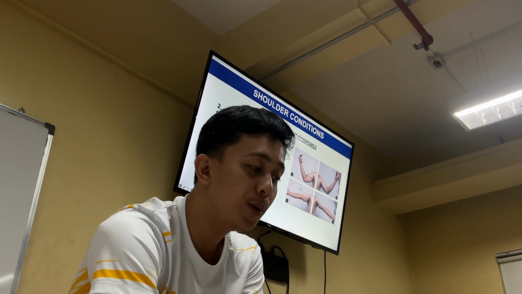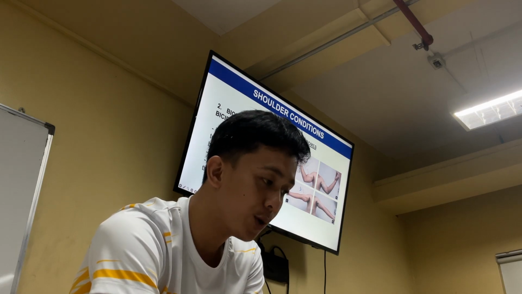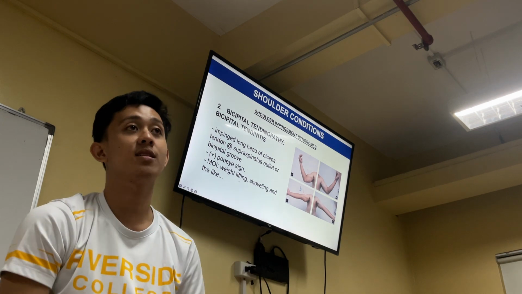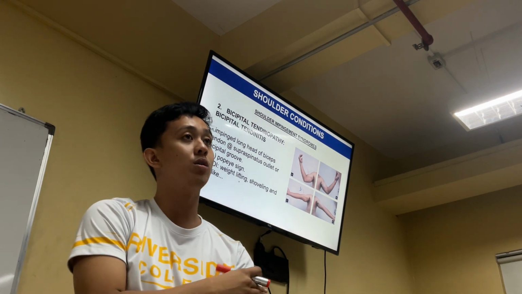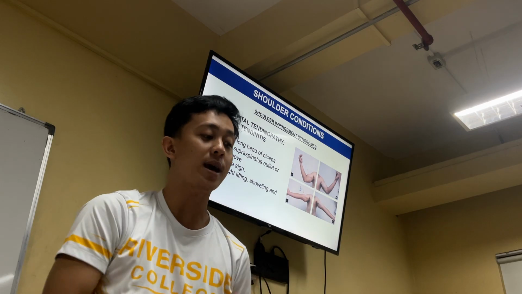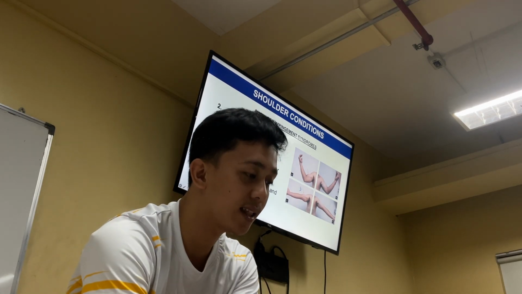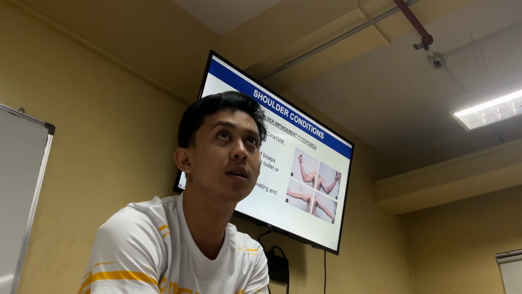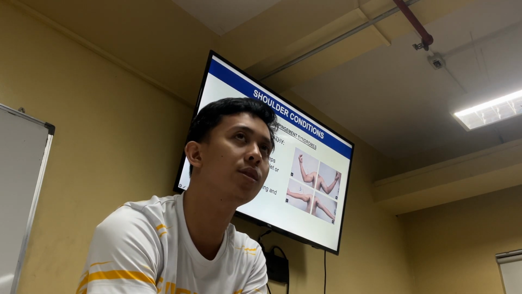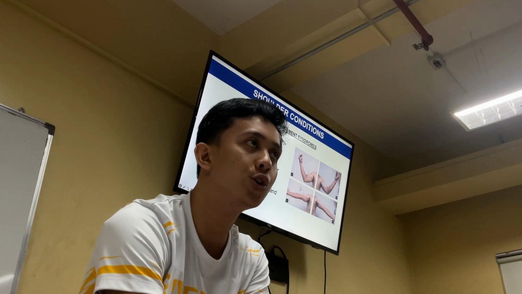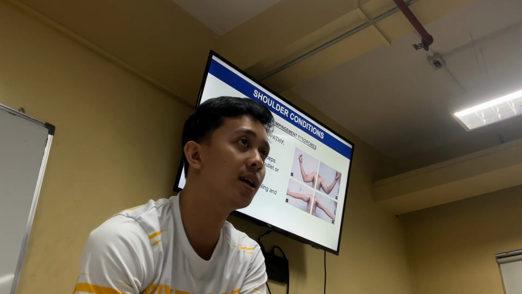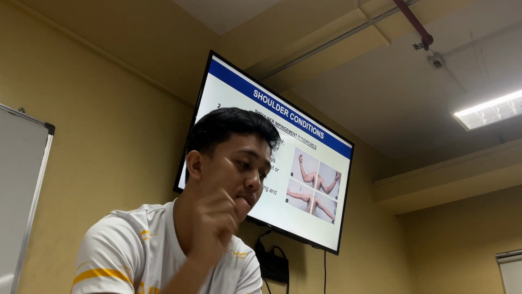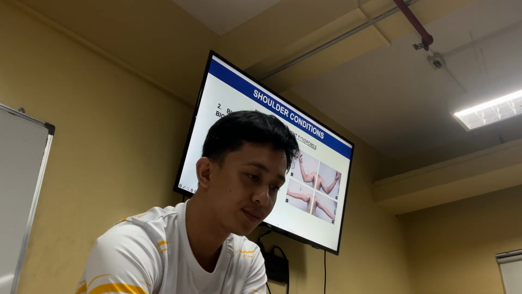Most common injury, we have weightlifting, especially if they cannot adapt to the load, the biceps pops, and then shoveling and the like. A common board exam question is strengthening of the biceps for bicipital tendinitis.